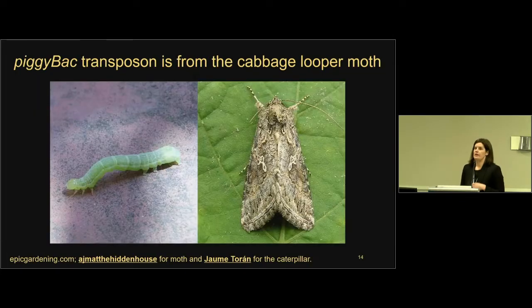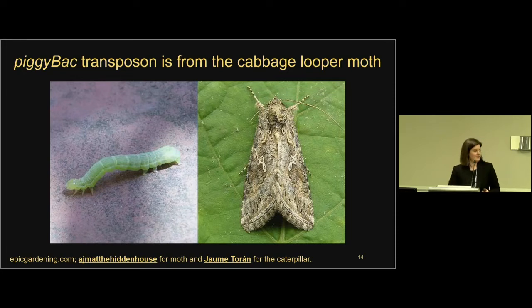The one we're going to talk about today is piggyBac. piggyBac is from the cabbage looper moth. Does anyone in this room garden? Does anyone have a vegetable garden? Does anyone grow cabbage, broccoli, kale, anything like that? Have you seen those little holes in the leaves on your cabbage plants? That might be caused by this caterpillar.